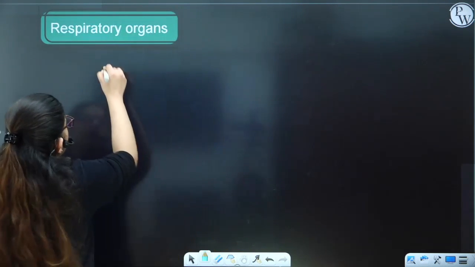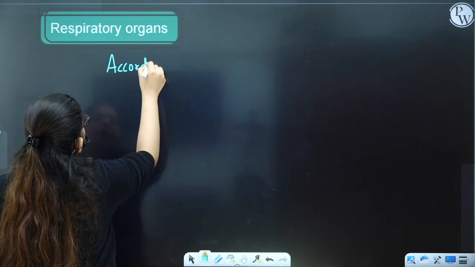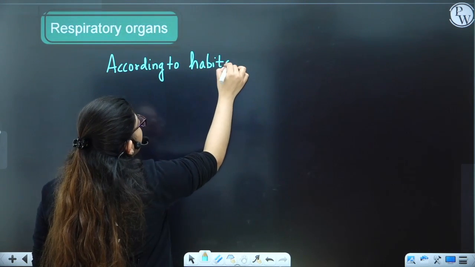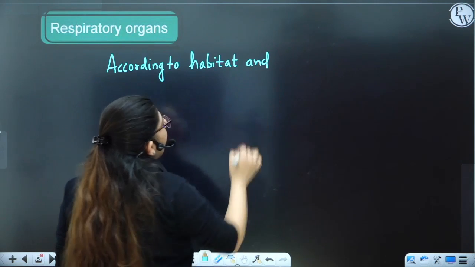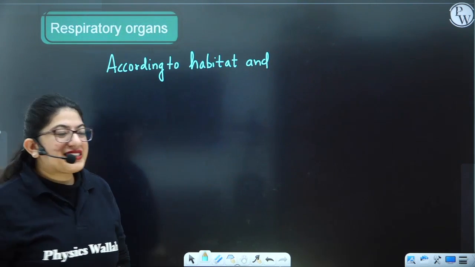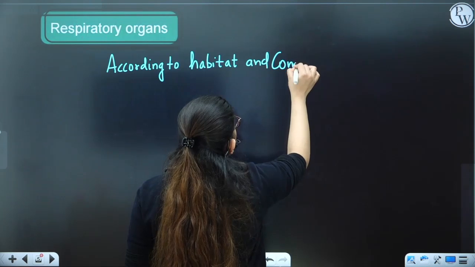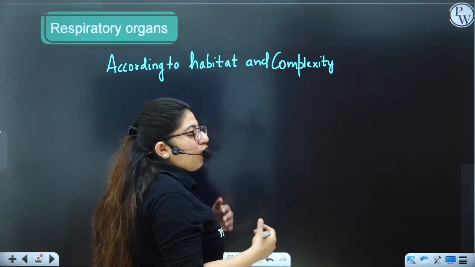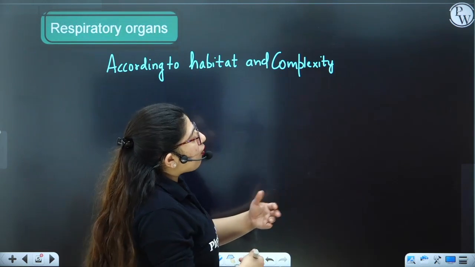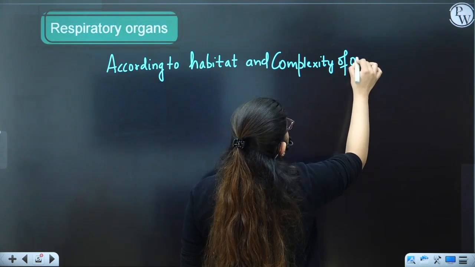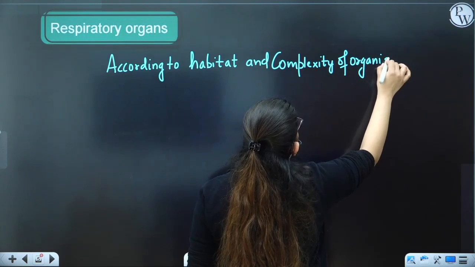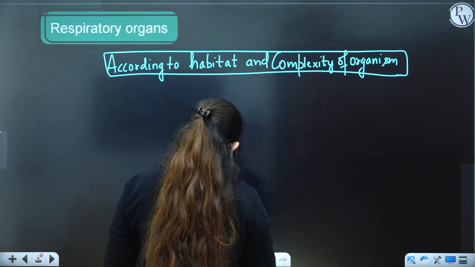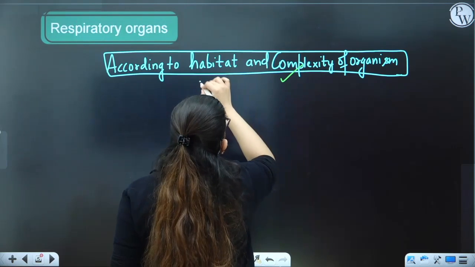So according to habitat, the place where they live, and the complexity of the organism, that means if it is unicellular or multicellular, whether it has organs or doesn't. We have classified the respiratory organs according to these two things: whether the body is simple or complex, or where it is living.